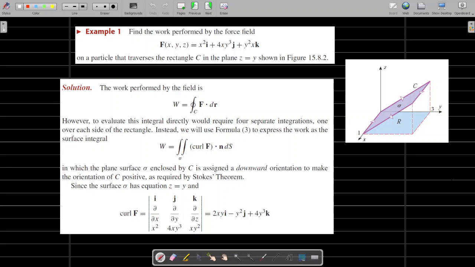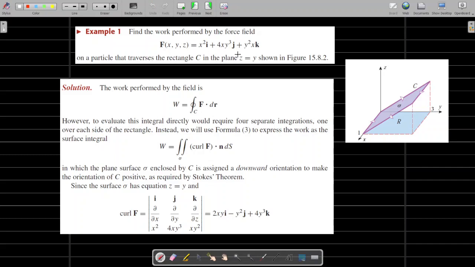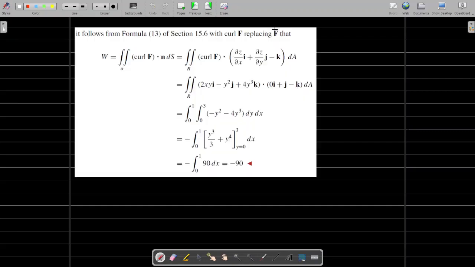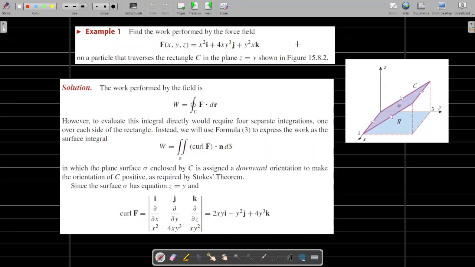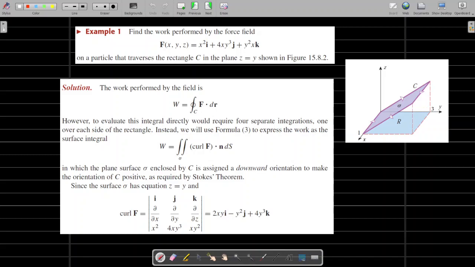Look at this question: find the work performed by the force field F equal to x squared i plus 4x y cubed j plus y squared x k on a particle that traverses the rectangle C in the plane z equal to y.